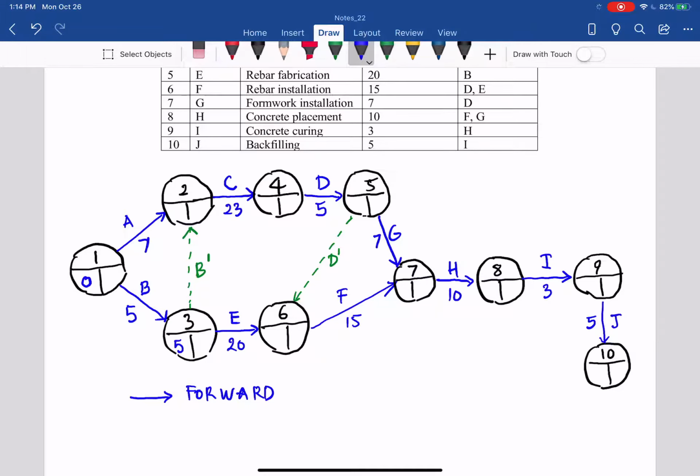So 0 plus 7 is 7, and then 5 plus 0, since the dummy activity has no time and resources, is 5. Taking the maximum, we get 7. Then we have 5 for C to node 4, 5 plus 23. Forward, maximum of 5 and 7 is 7.